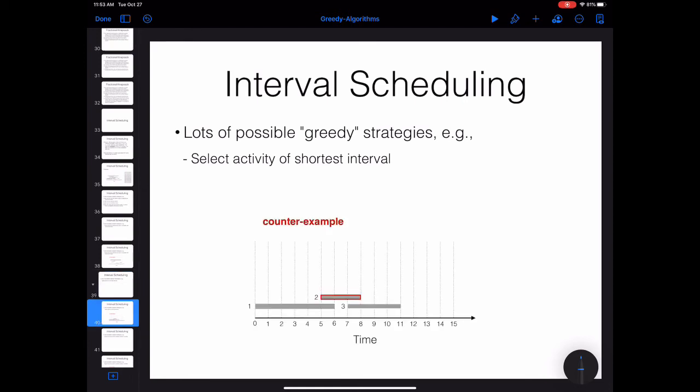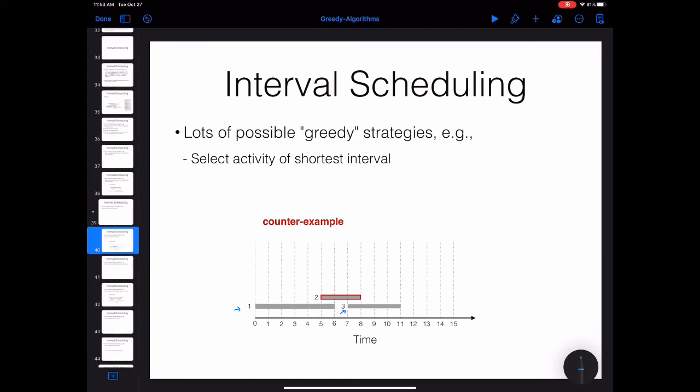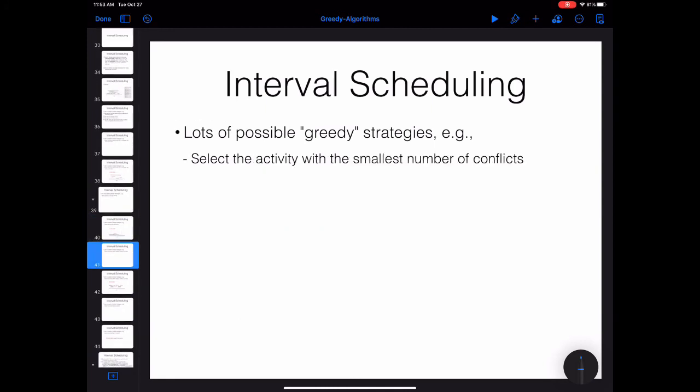Job 2 has the shortest length, but if you take job 2, because it has conflict with the 2 other jobs, you cannot take anything else. Although you could choose 1 and 3, there was no conflict between them, and this way you could choose 2 instead of 1. So that's enough to prove this is not the optimal strategy.